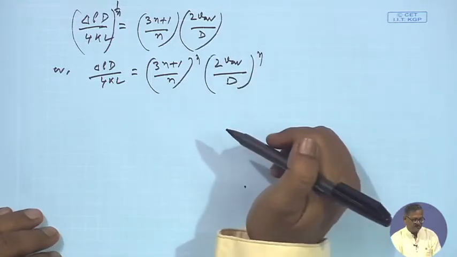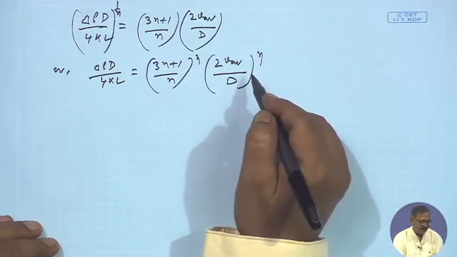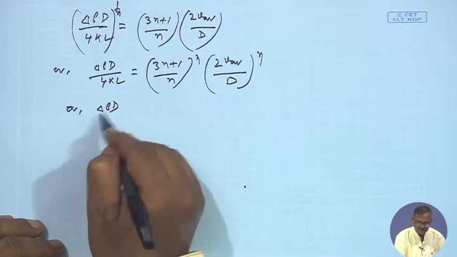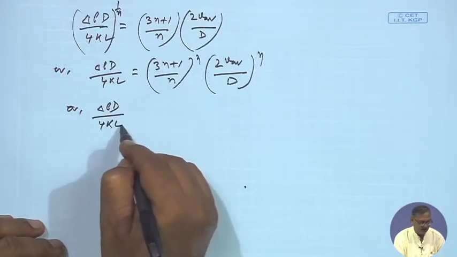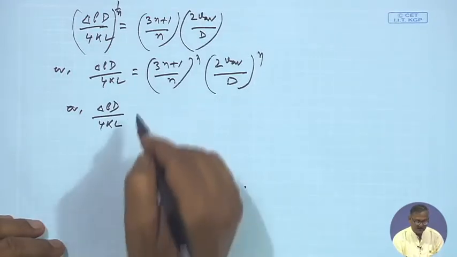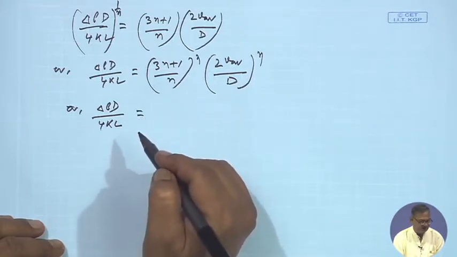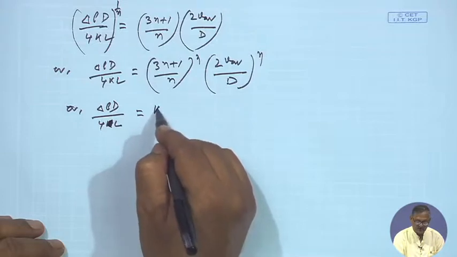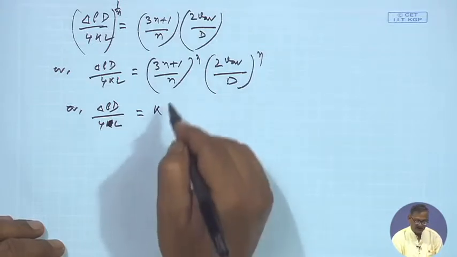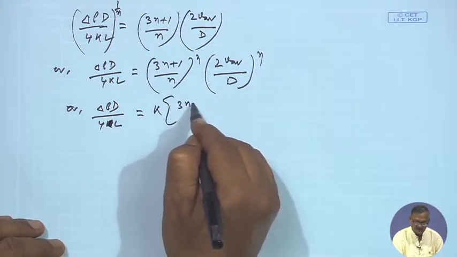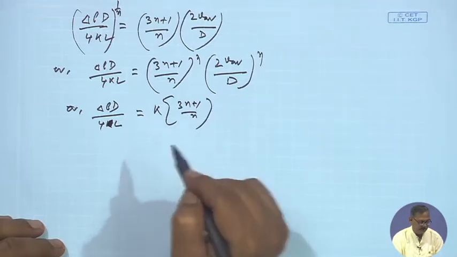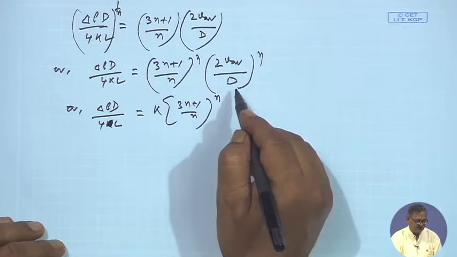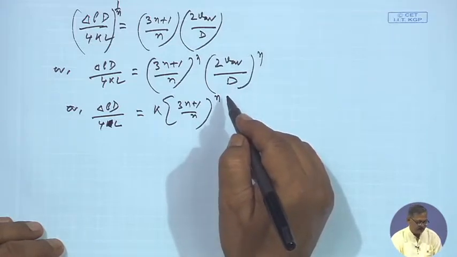So, we can write delta p d by 4 k L equals delta p d by 4 L. If we take k out, k is here into 3 n plus 1 by n to the power n.